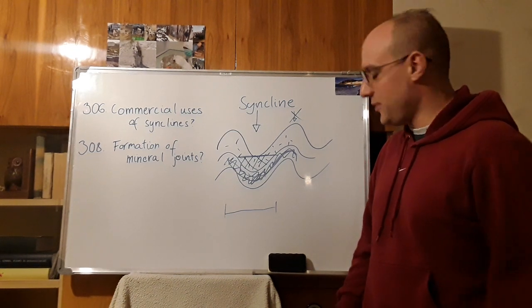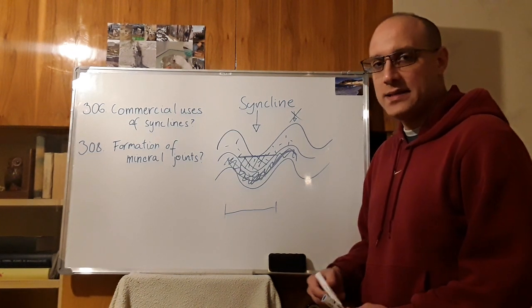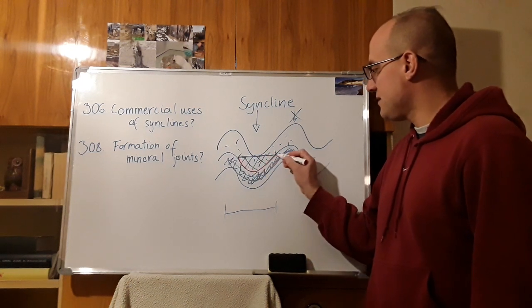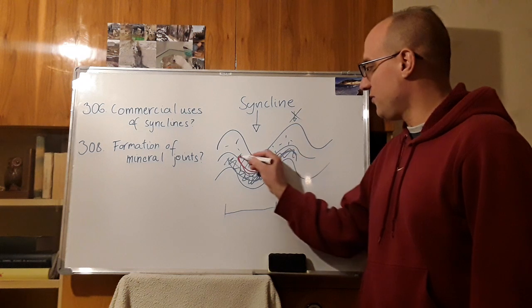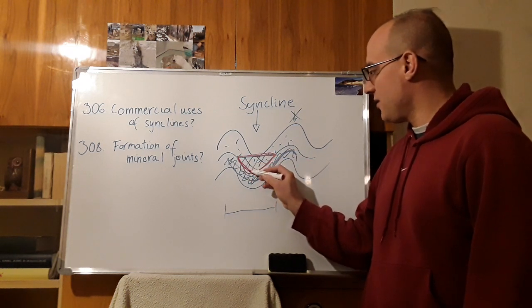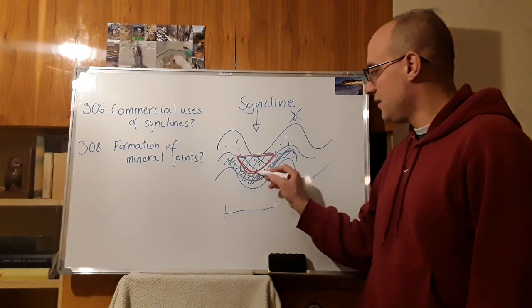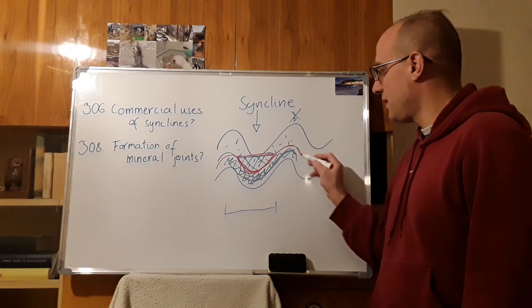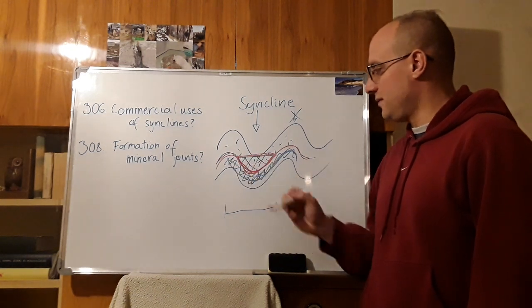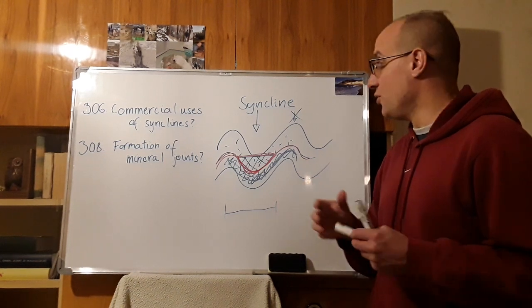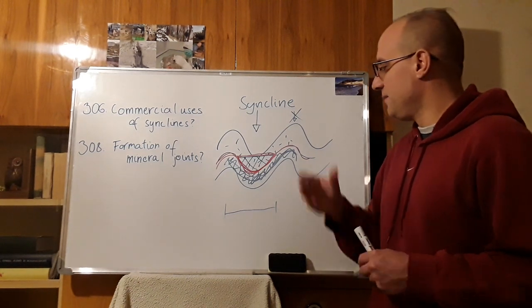The syncline can be a good place to store waste or hazardous materials if there is a layer over here that is water resistant. So that's one of the possible commercial uses of synclines.